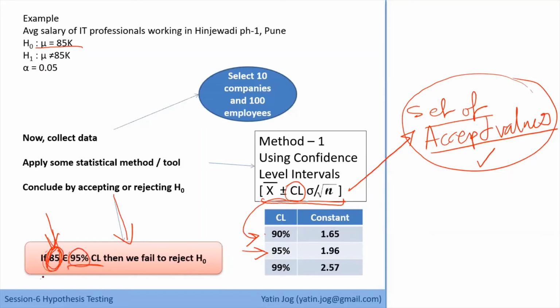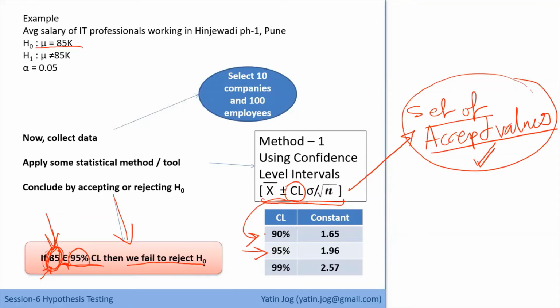If your assumption belongs to this set of accept values, then we fail to reject H0. That means I am considering H0 as correct for my available data.